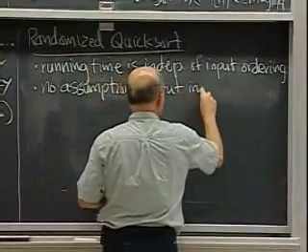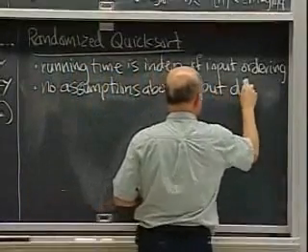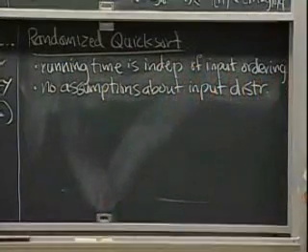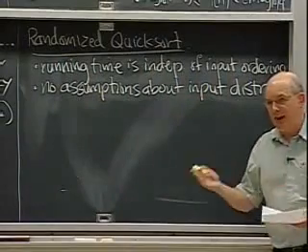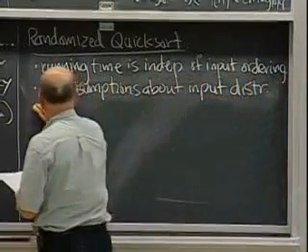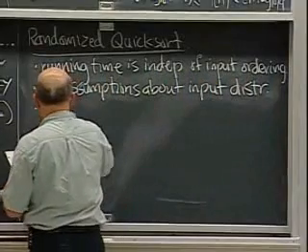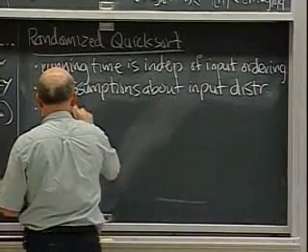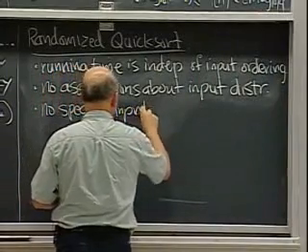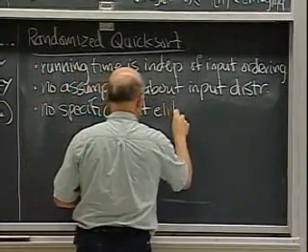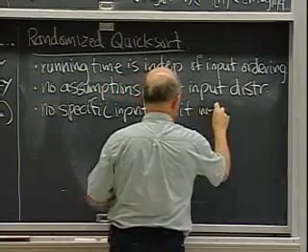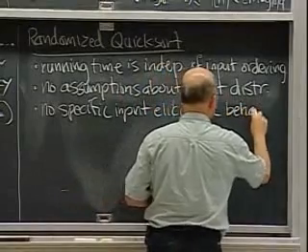So the nice thing about randomized quicksort is that it makes no assumptions about the input distribution. You don't have to assume that all inputs are equally likely, because either you can make it that way or you pivot in a way that makes that effectively hold. In particular, there's no specific input that can elicit the worst case behavior.